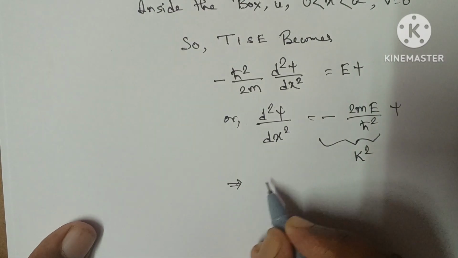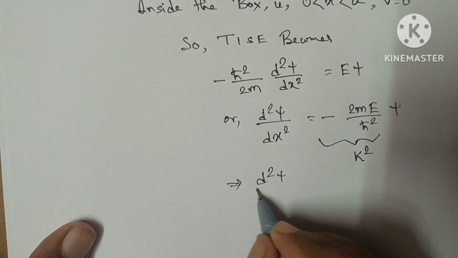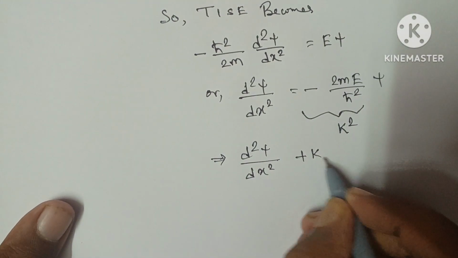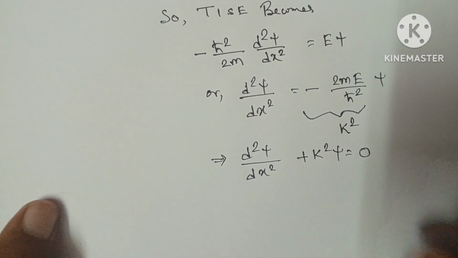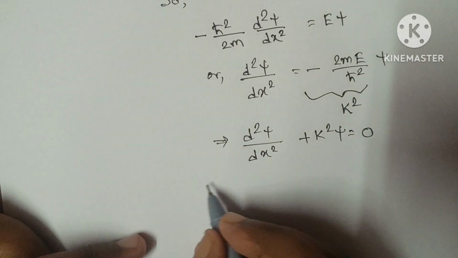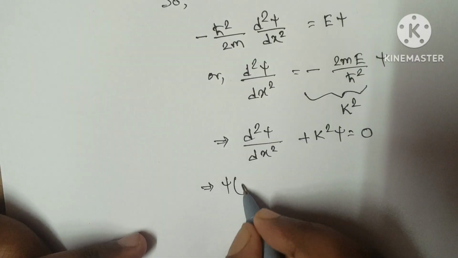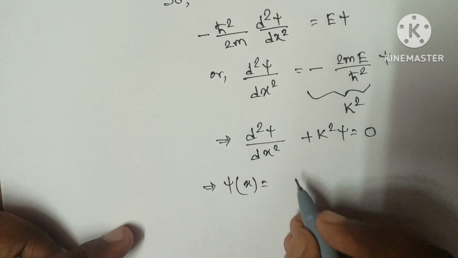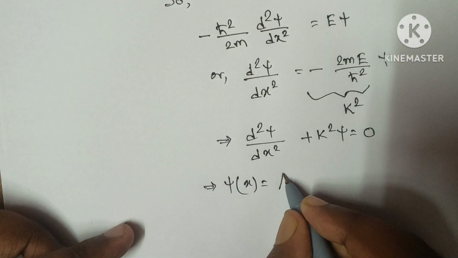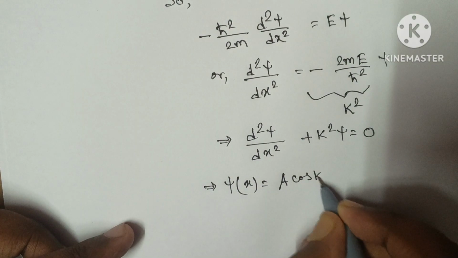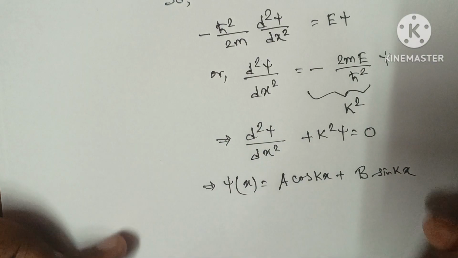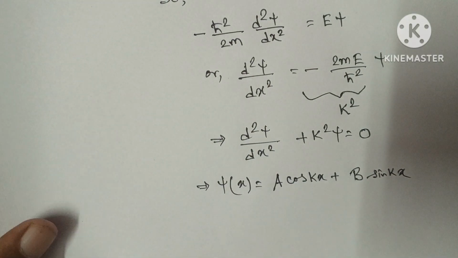So we can write d2 psi dx2 plus k square psi is equal to 0. This is a second order homogeneous differential equation whose solution is given by psi of x. Psi is the wave function. Psi is equal to a cos kx plus b sin kx.